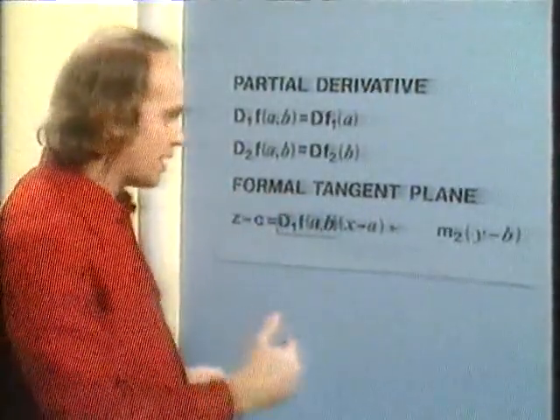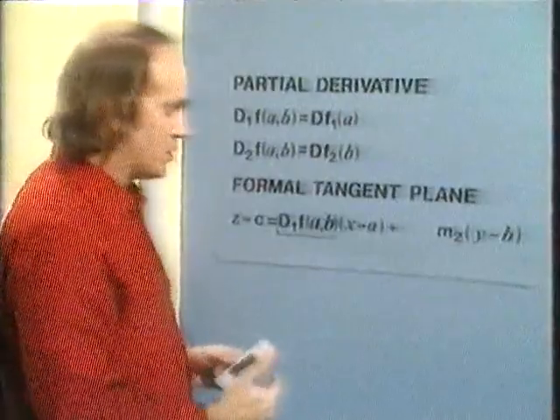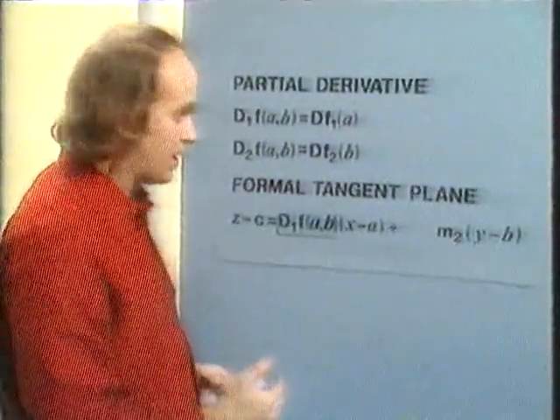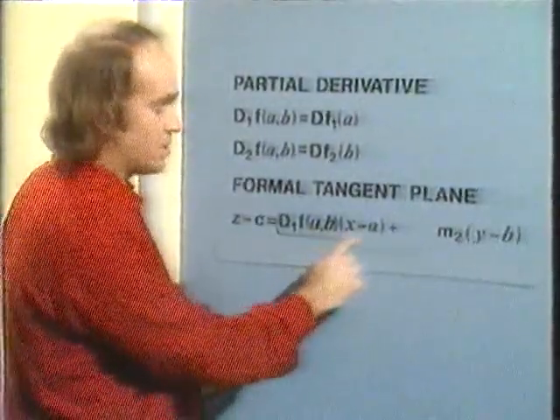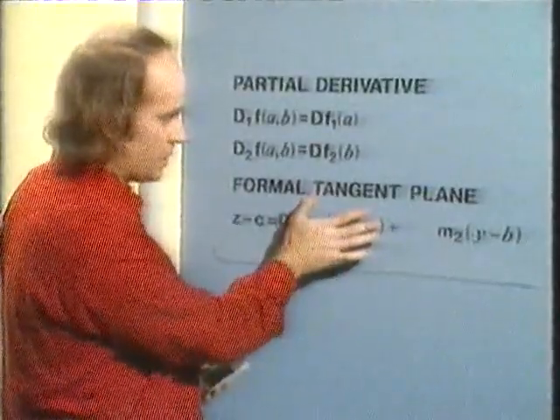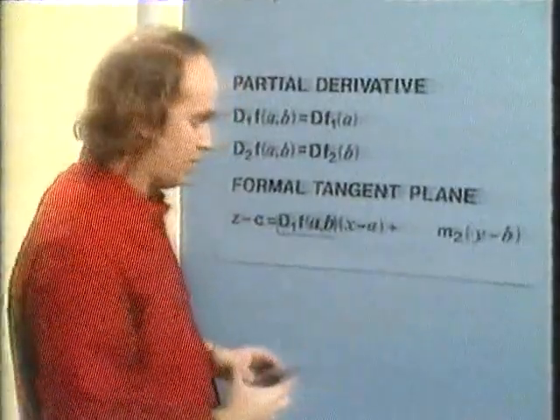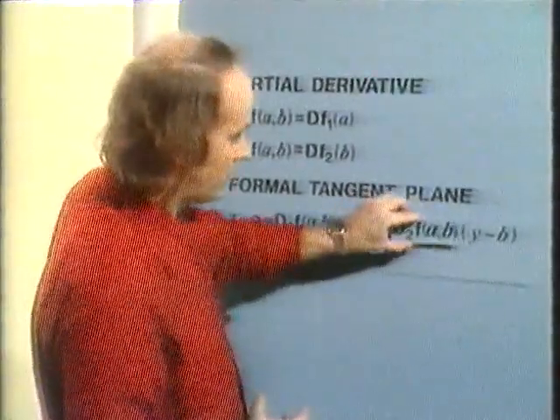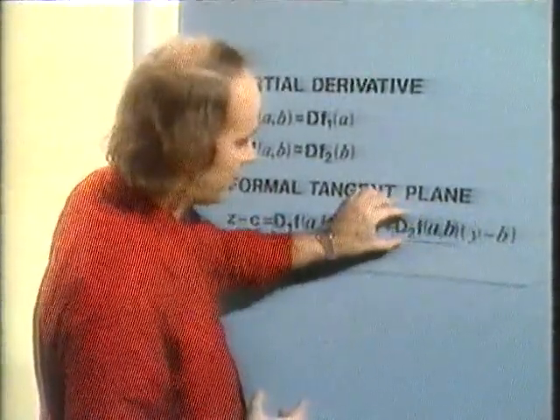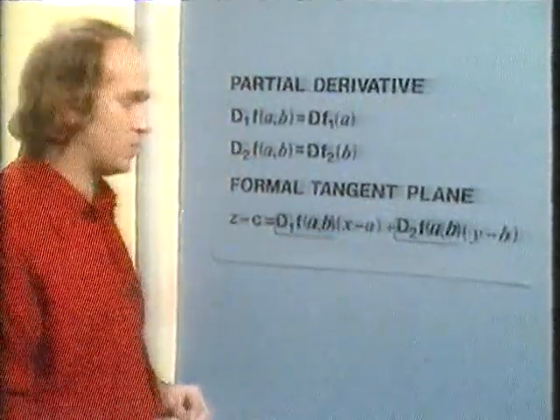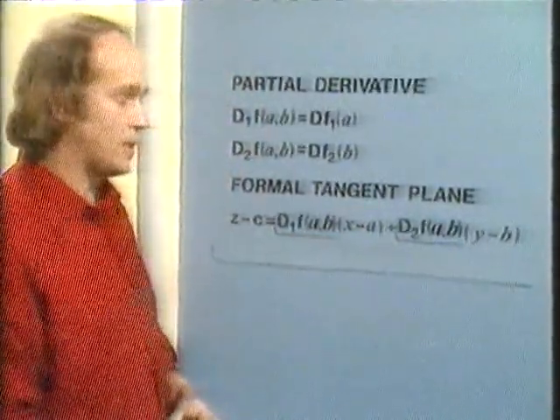Similarly, to get the second line, we took a slice parallel to the y-axis. There, x is equal to a. That disappears. We have a line, slope m2, the second line defining the formal tangent plane, which has slope given by the second partial derivative of f at (a, b).